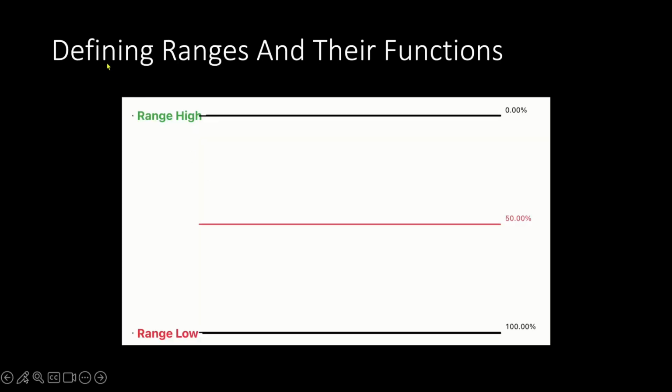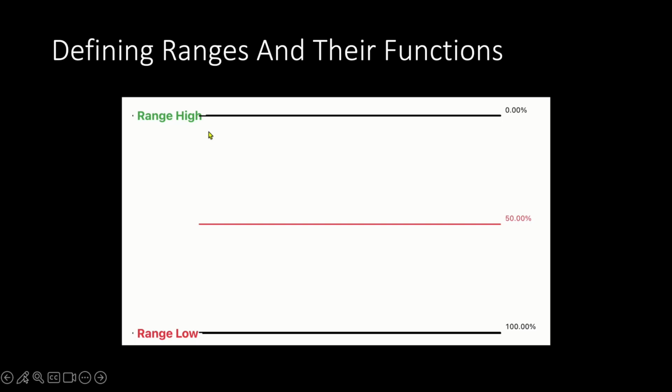First of all, we're going to take a look at defining ranges and their functions. During this lecture, I will be referring to this schematic many times. This does not mean that I will just utilize the same schematic all the time. It means that within that schematic, multiple things apply.